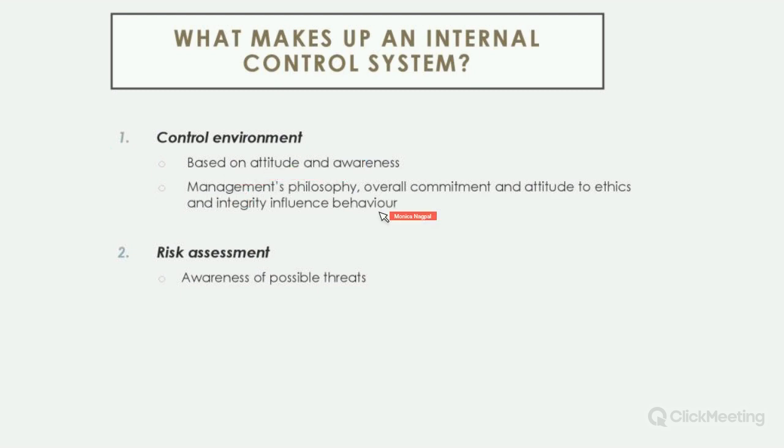What is management's philosophy, overall commitment, and attitude to ethics and integrity that influences behavior? That means, is management taking decisions which make sure that ethics have been taken care of, and there's no conflict of interest when you're recording transactions, and no fraudulent transactions recorded.